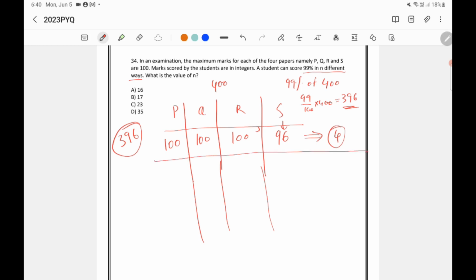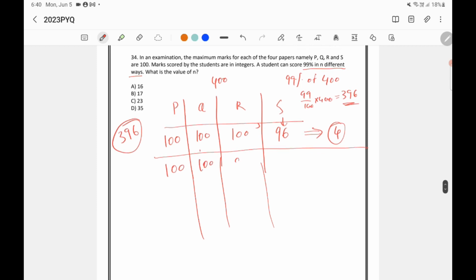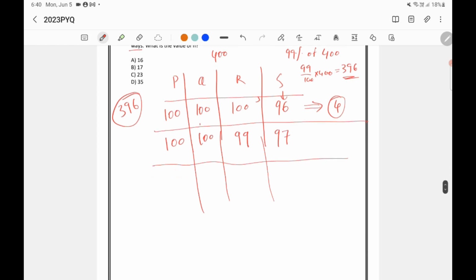Now let's take the next possible combination. Let's say in 2 papers he got 100 and in the next paper he got 99 and in the other paper he got 97. So this is a possibility. If you add all these, you will get 396. So I will tell you an easier way in which you can count the possibilities. In how many ways can we arrange 100, 100, 99 and 97 among 4 papers?